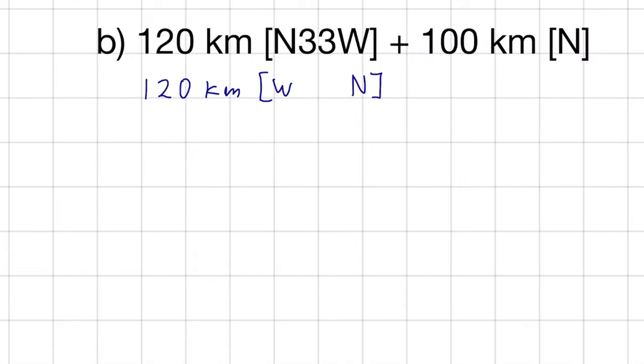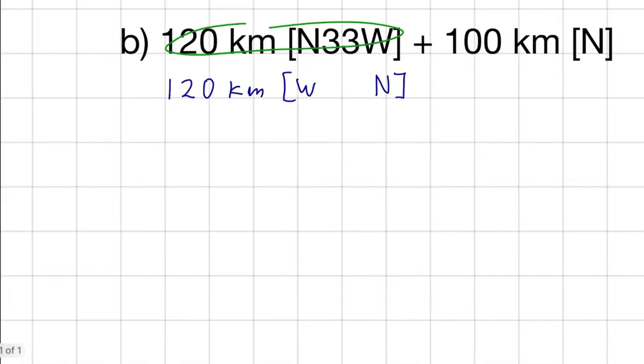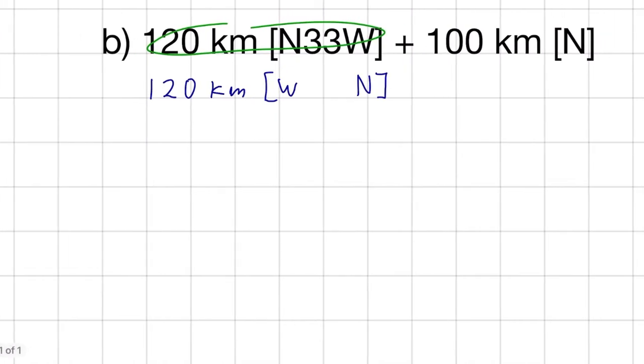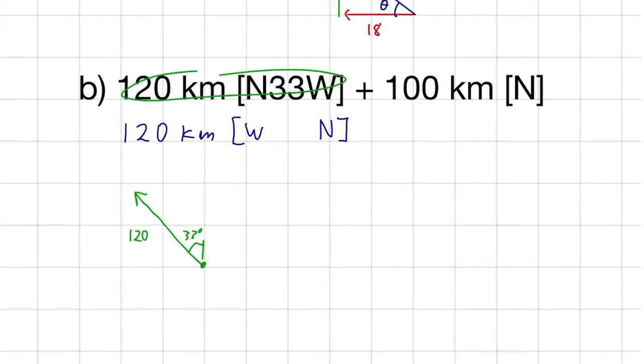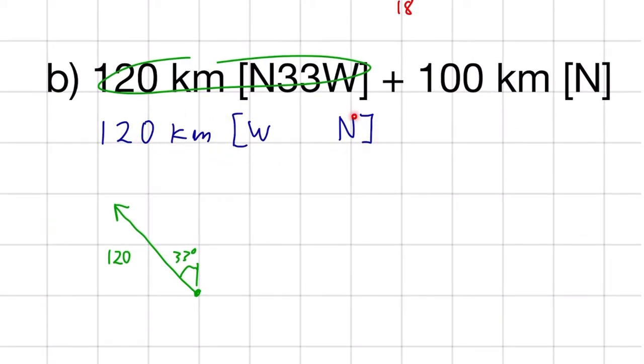And what I'm going to do is I'm going to sketch this. So we have 120 degrees. It's north 33 west. So it's going to look something like this, 120, right? And this is 33 degrees. Now, what vector can I write that's equivalent to this?